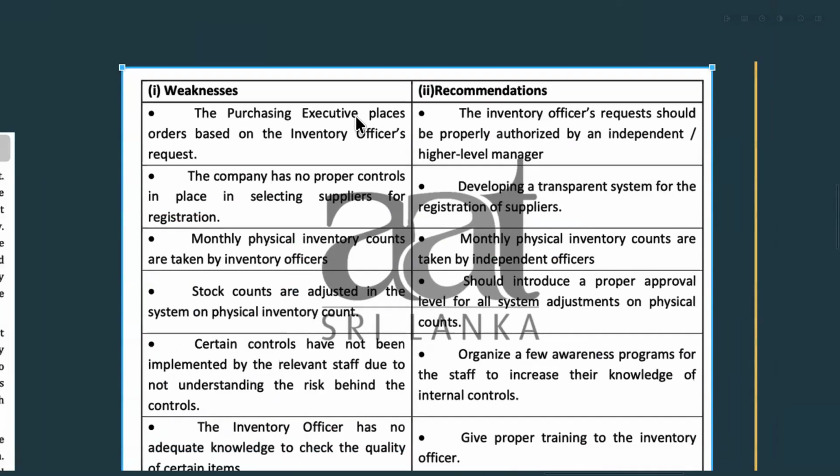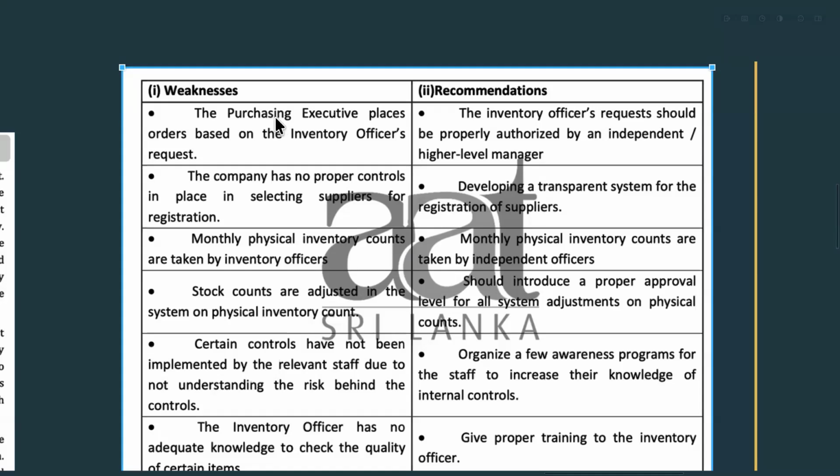First one, the purchasing executive places the orders based on the inventory officer's request. The recommendation is that the inventory officer's request should be properly authorized by an independent or higher level manager. Simply, the inventory officer is requesting and purchasing executives place orders.